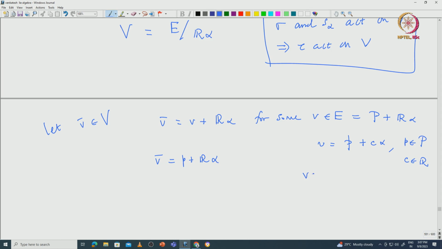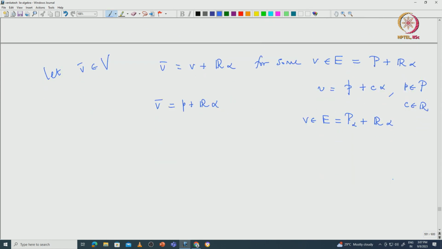Similarly, this V is also coming from capital E, which is P alpha plus R alpha. So, you can write this V as some p alpha plus some d alpha, where p alpha is coming from capital P alpha and d is coming from R. Then this can also be written as P alpha plus R alpha. Now let us compute what happens if we apply S alpha to V bar.